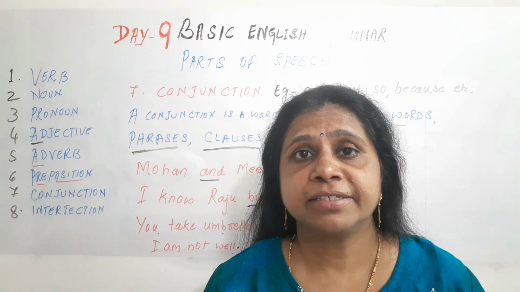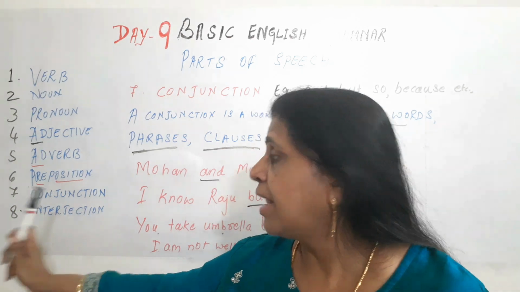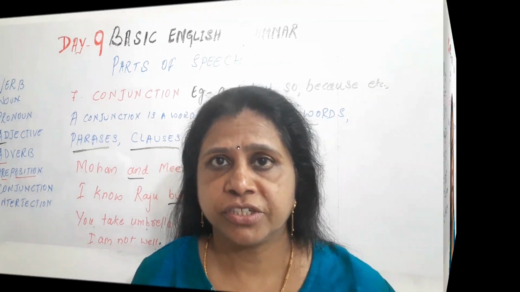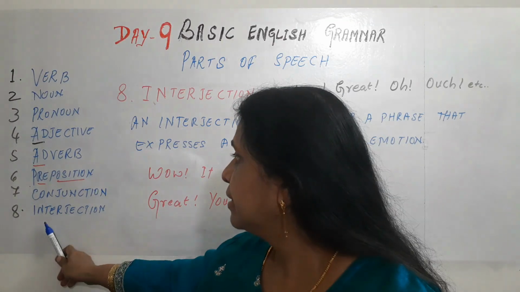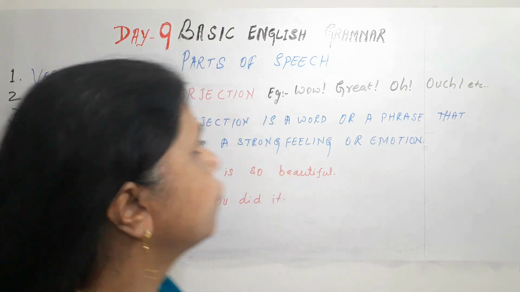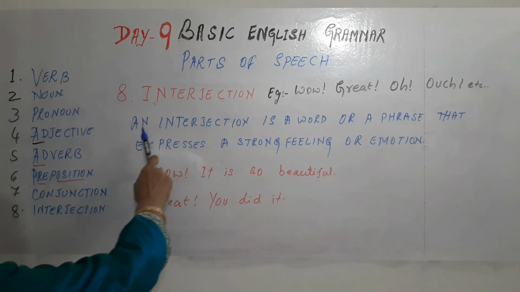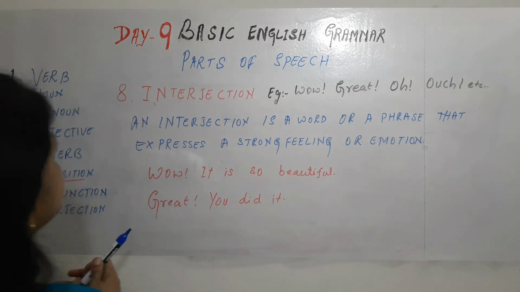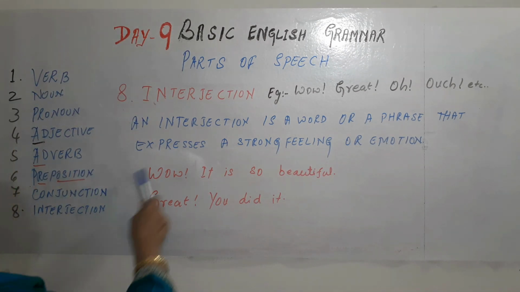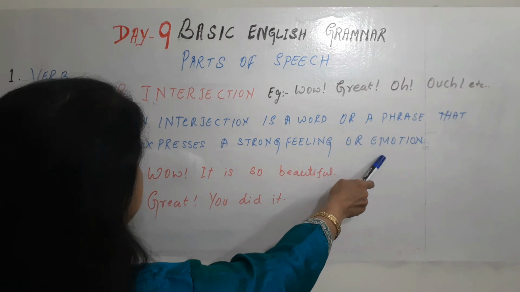Now next see the last one, interjection. Now dear friends, the last is interjection. What is interjection? An interjection is a word or a phrase that expresses a strong feeling or emotion.